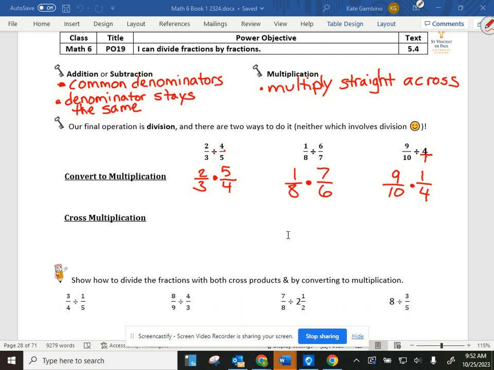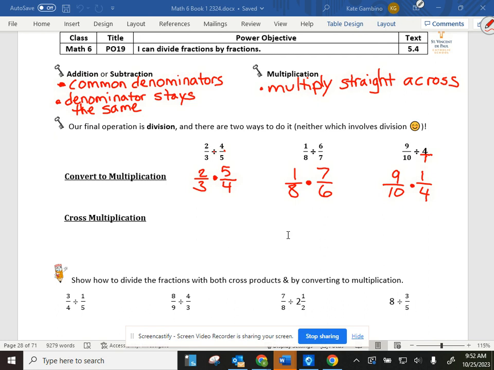So we flip 4 over 1 to 1/4. So when you have that whole number, remember that's a 1 under it, and you have to flip it. There's a big difference between 4 and a fourth. So, kind of remember that from last year, right? It's coming back slowly.